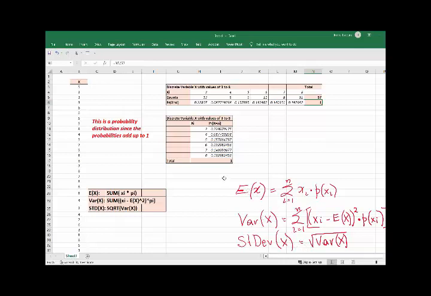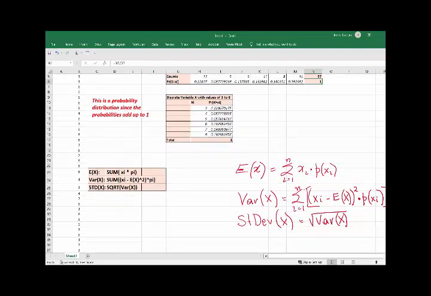Right here, and let me just share this with you, you can see that I have the equations, the formulas, that give me the expected value, the variance, and the standard deviation.